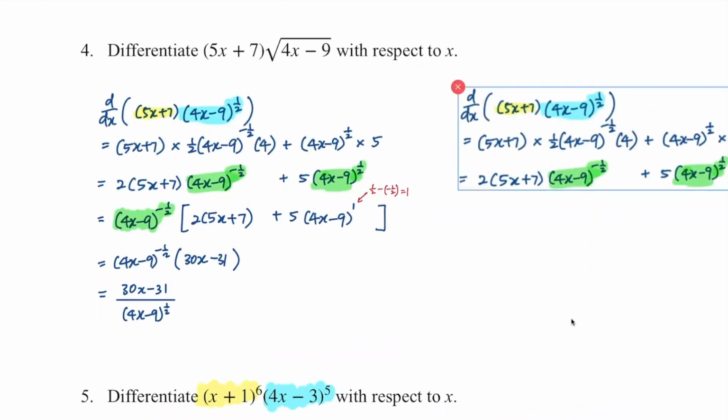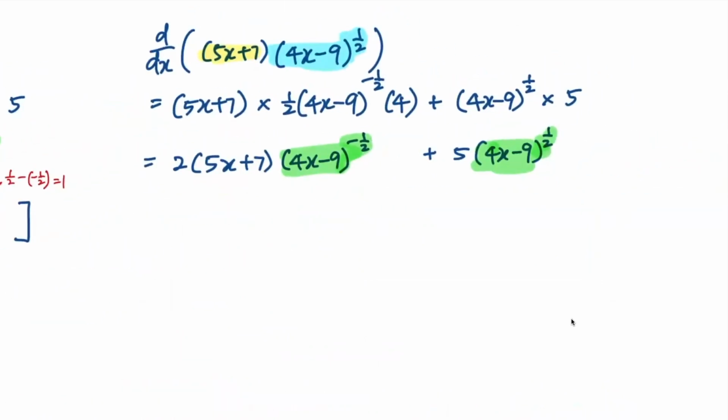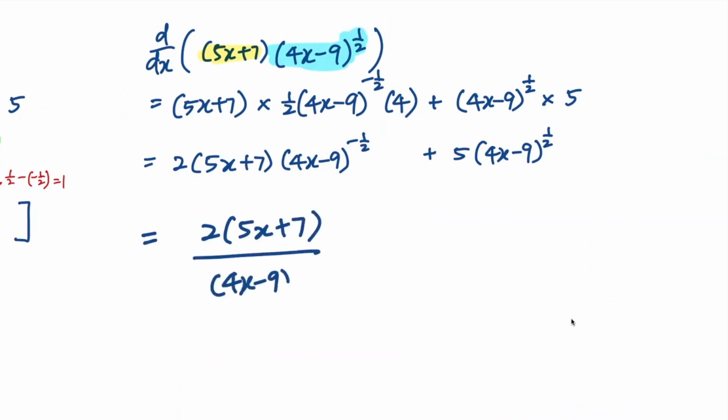The only difference is from this step onwards. The other way of doing it is to write it as a fraction first, right from the very start. So this one will be 2 bracket 5x plus 7 over 4x minus 9 power half, plus 5 bracket 4x minus 9 power half.